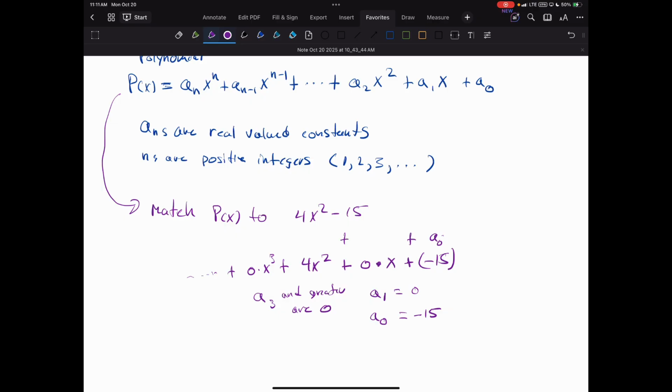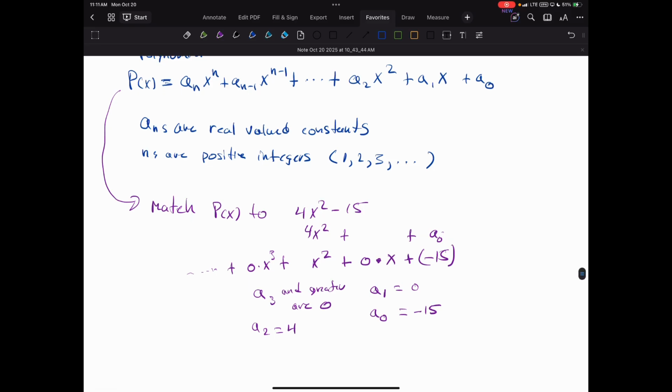And so I have my 4x squared. Well, that means that my a sub 2 equals 4. And then the x squared follows that same x to the n pattern. Okay, I'm not explaining this well. Let me write this slightly differently.